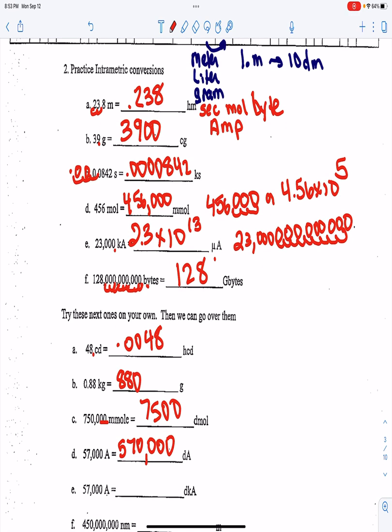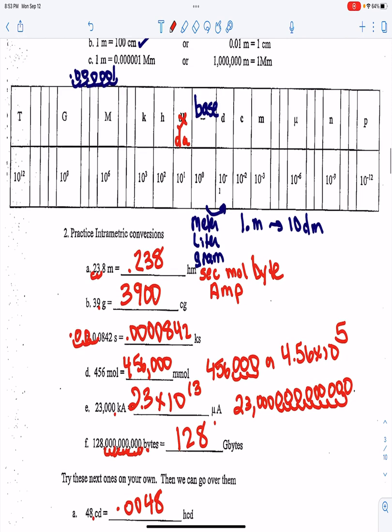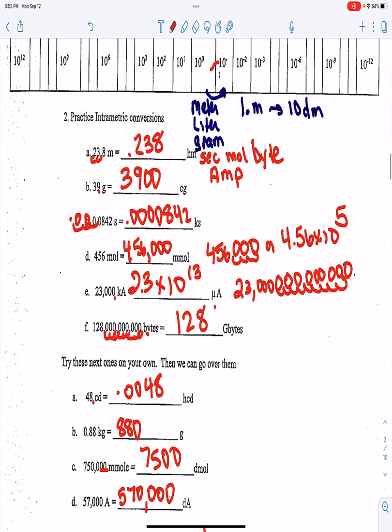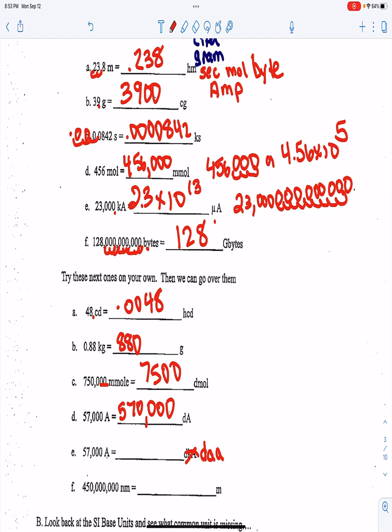Next is going to be a decaamp. Actually it's DAA. Kind of weird. So now we're going to start here at the base, and we're going to go 1 over to the left. So if I move it 1 over to the left, it'll be 5,700.